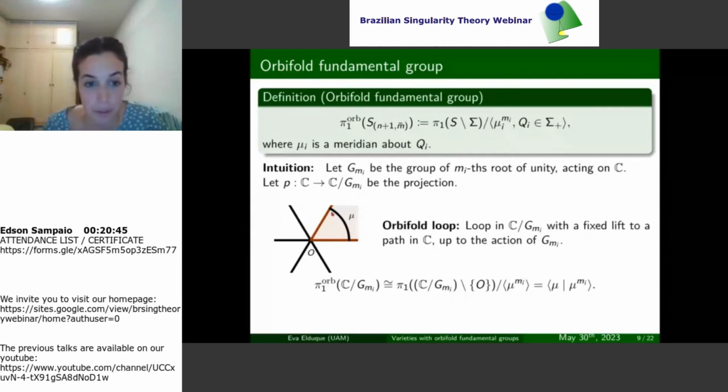And so this would be a meridian around the origin. And the mth power, in this case 6, is saying that, well, to the 6th power, you're really recovering a loop in C, not just the fundamental domain, well, the quotient. So this does give you information about how the quotient singularities were acquired.